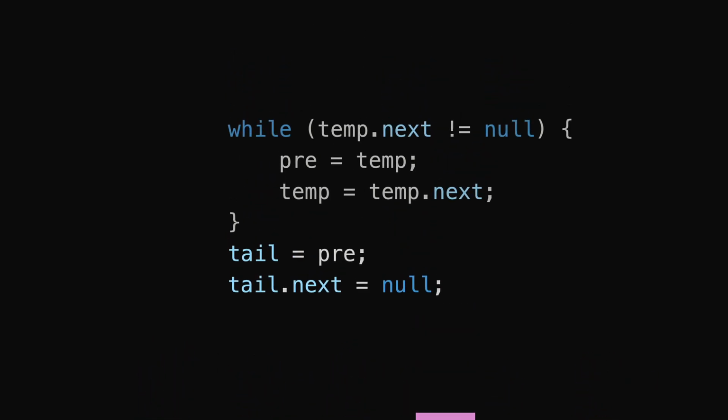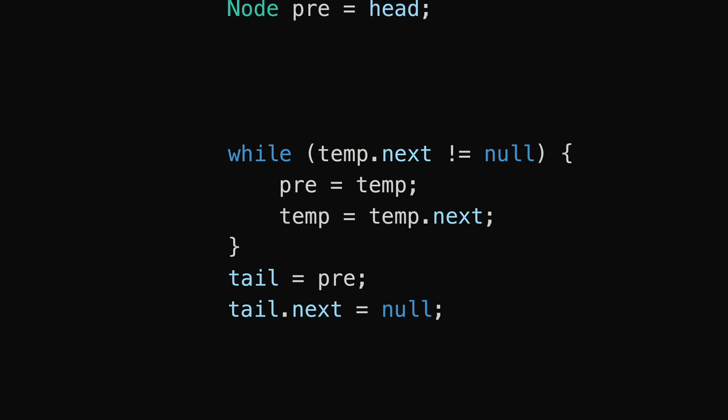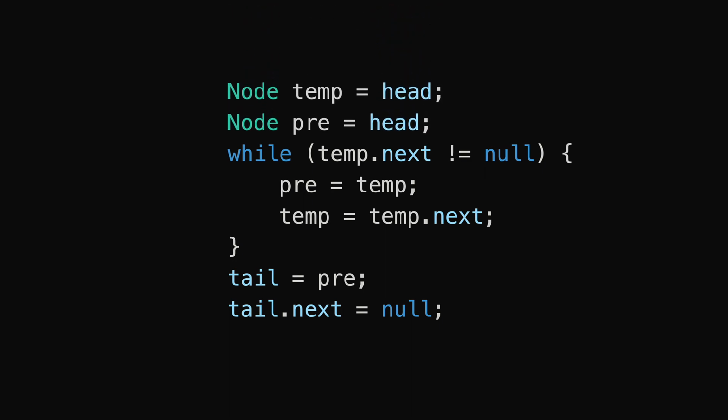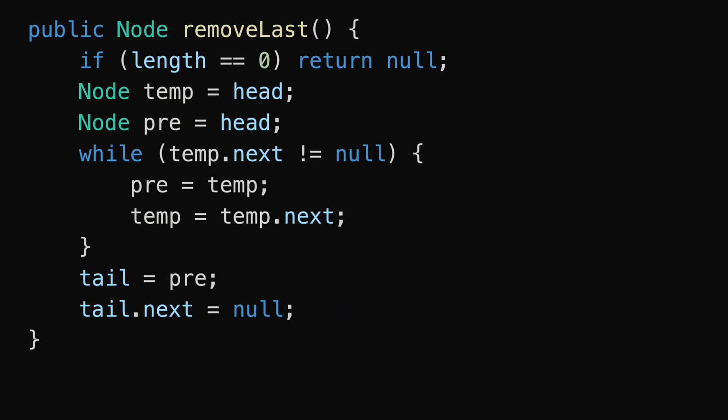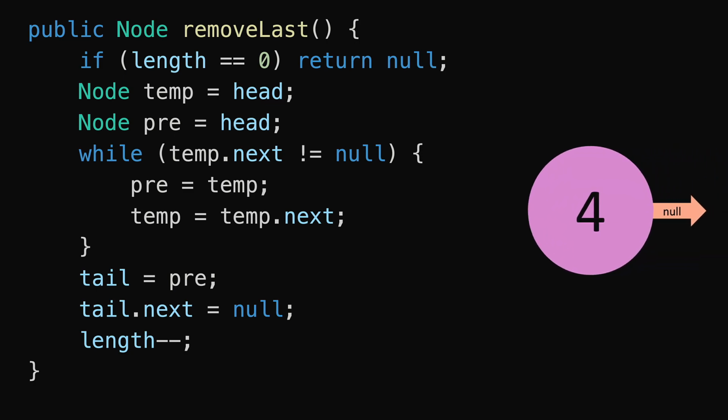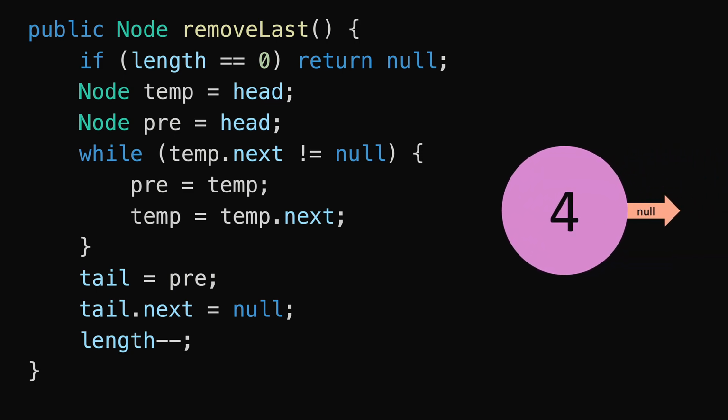So I'm going to take this code and bring it down here, and I'll bring these two variables back. And then I'm also going to bring back the rest of our code. So at this point, we'll decrement the length by 1, and that brings us to our other edge case that we talked about in the introduction, where we have one item in the linked list.